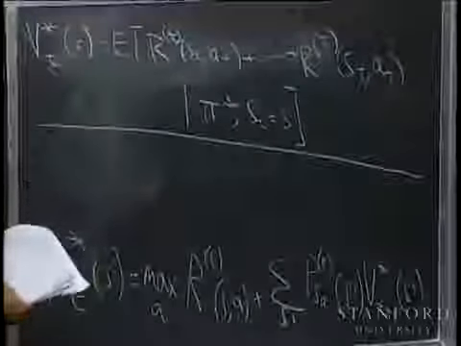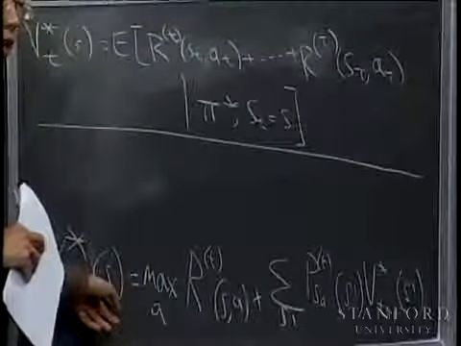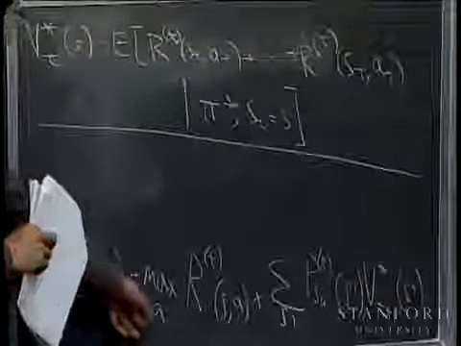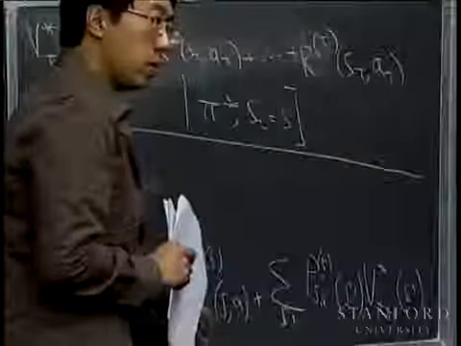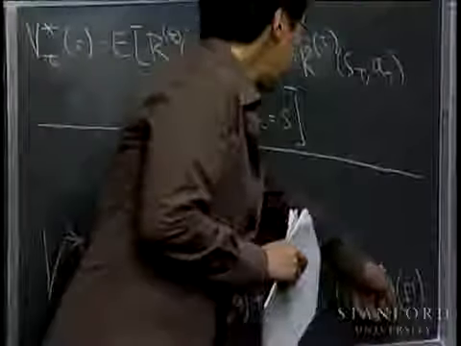Okay, so if I start the clock at time t and from some state s, my expected total payoff is equal to the max of all actions I might take of my immediate reward for taking that action in that state s, plus my expected future payoff.